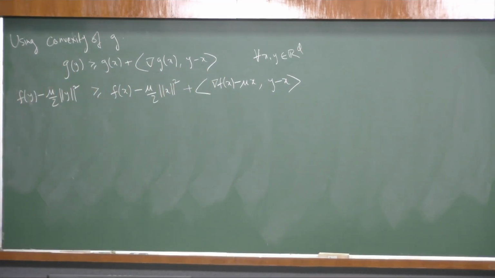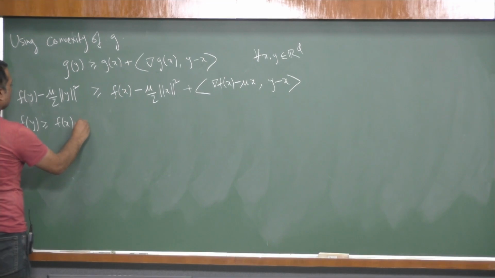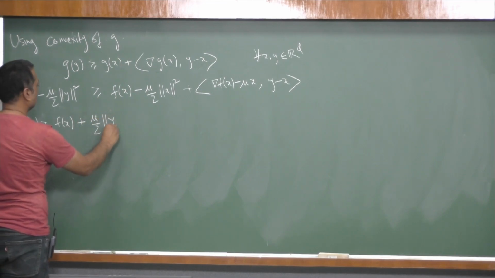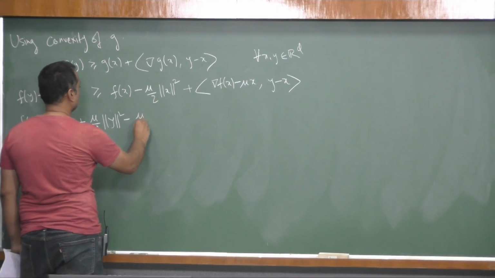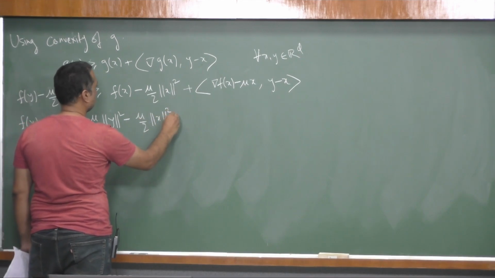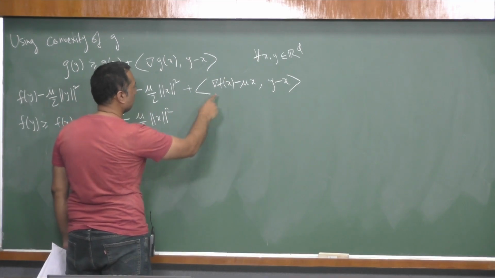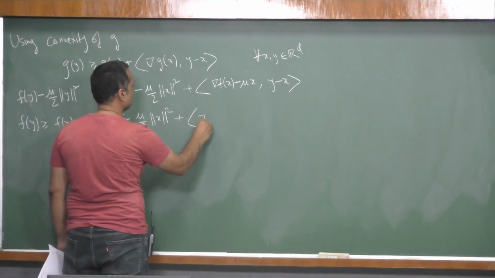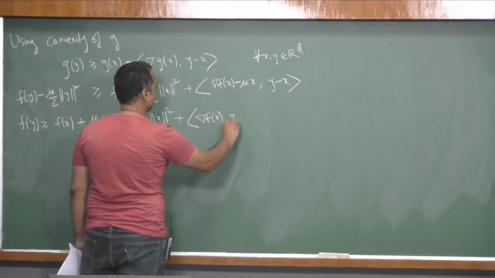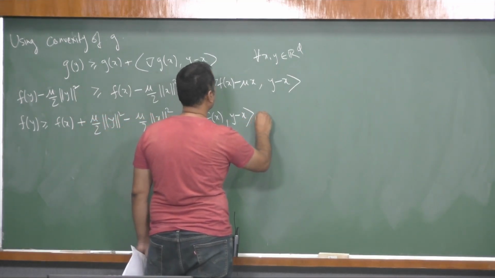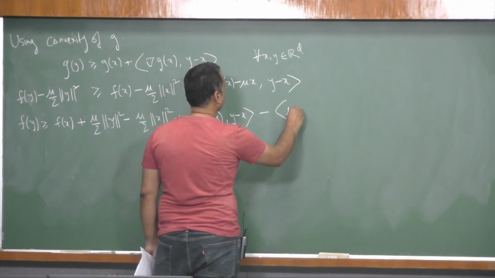So, let us do the rearrangement and see what is required. Okay. So, f y is greater than or equal to f x plus mu by 2 norm y squared minus mu by 2 norm x squared, and let us extract this term from the inner product, grad f x, y minus x, minus mu x, x.